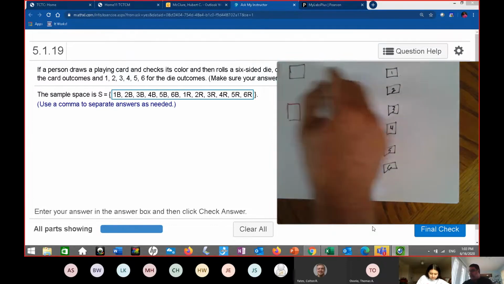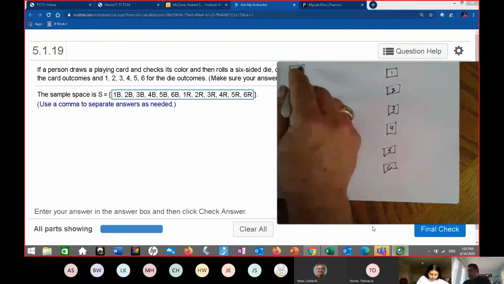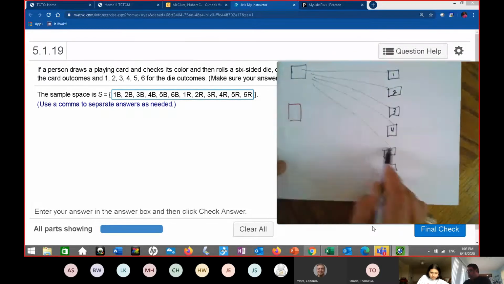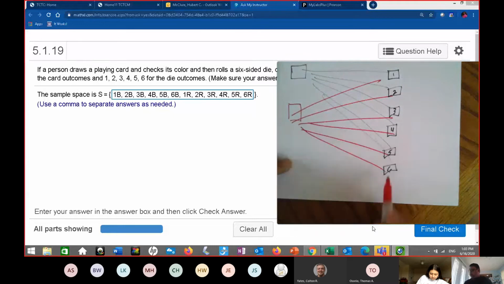Well, black 1, 2, 3, 4, 5, 6. And red 1, 2, 3, 4, 5, 6. That's the answer. The B stands for black, the R stands for red.